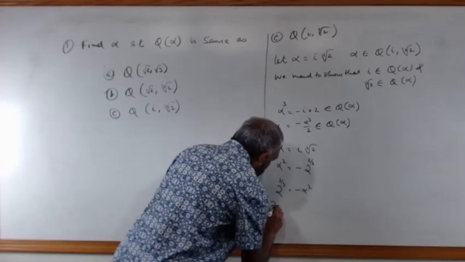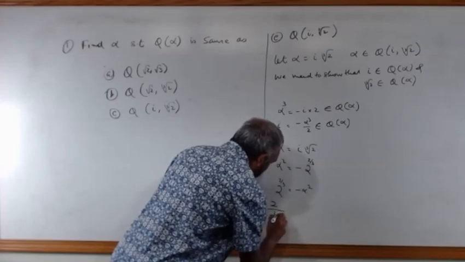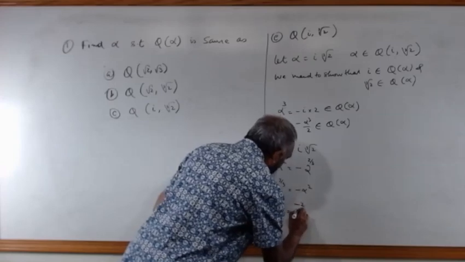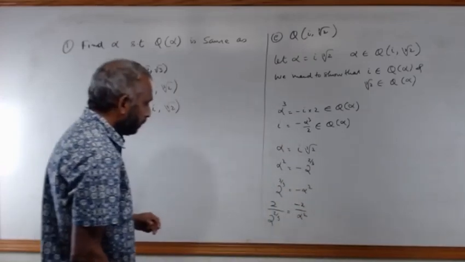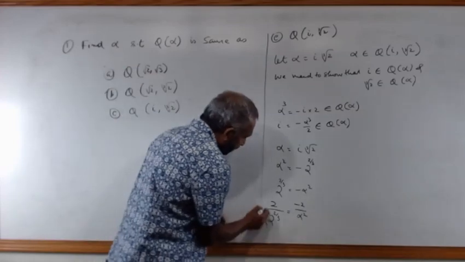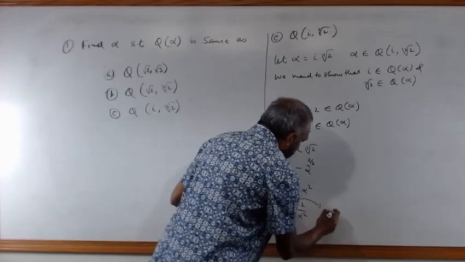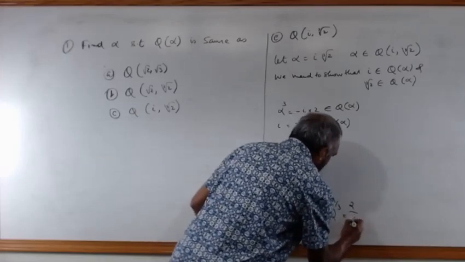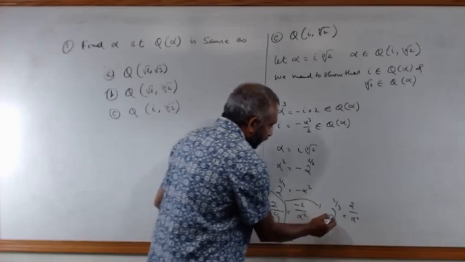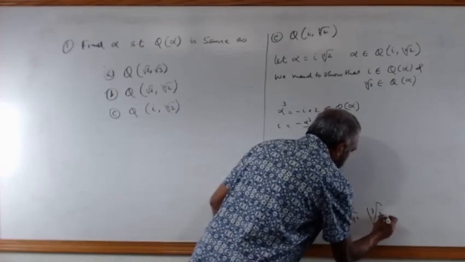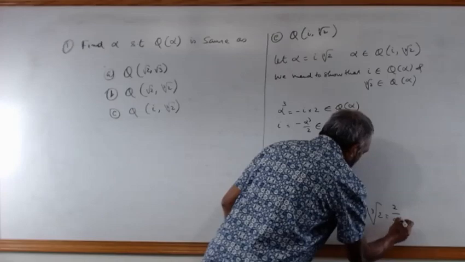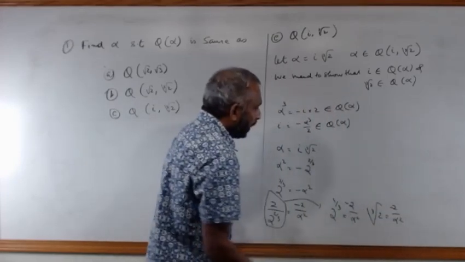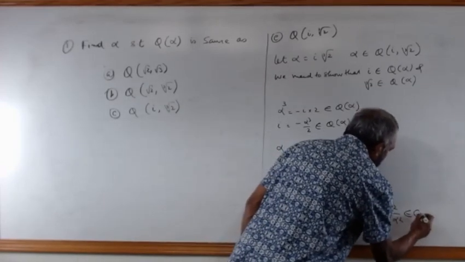So 2 divided by 2 to the power of 2 by 3 is equal to minus 2 by alpha square. What is this? This is actually 2 to the power of 1 by 3, and that is equal to minus 2 by alpha square. And this is nothing but cube root of 2. And definitely that belongs to Q of alpha.